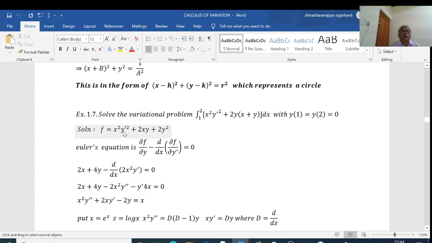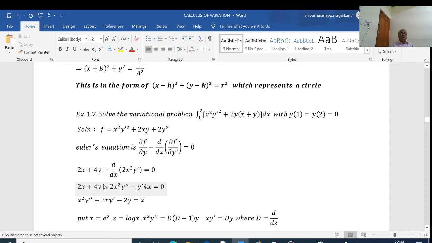Differentiating this with respect to y dash, x square constant quantity, y dash square is 2y dash, that is 2x square y dash. I am getting 2x square y dash, and derivative of this is 0, derivative of this is 0. 2x plus 4y minus d by dx of 2x square y dash is equal to 0.